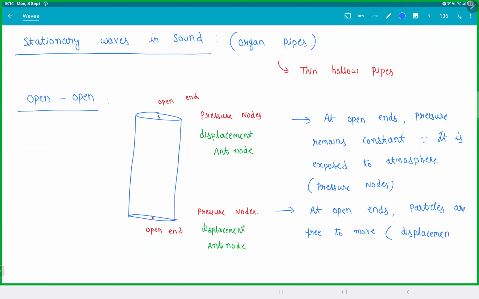Therefore, this is a displacement antinode. Is this clear, everyone?